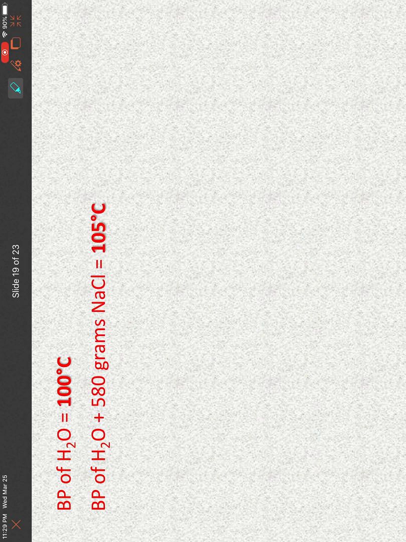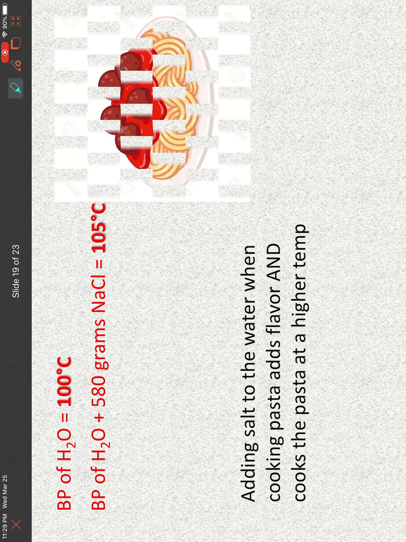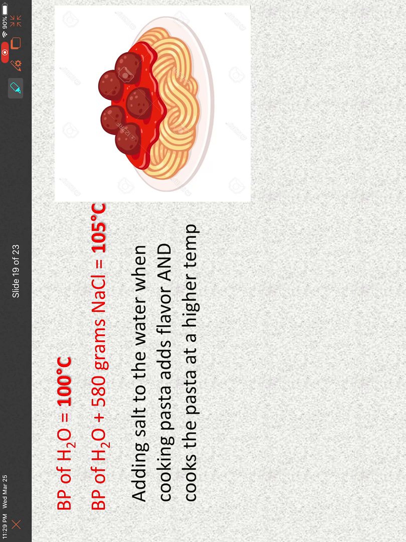Plain water in a pot has a boiling point of 100 degrees Celsius. If I add 580 grams of salt to that water, it increases the boiling point by 5 degrees. The boiling point's now 105.